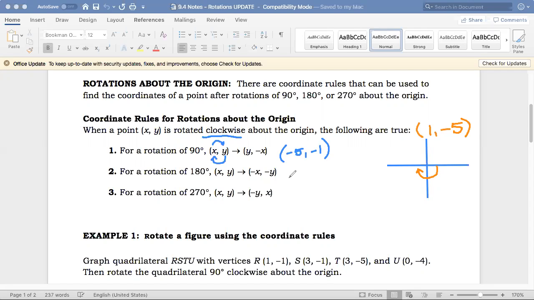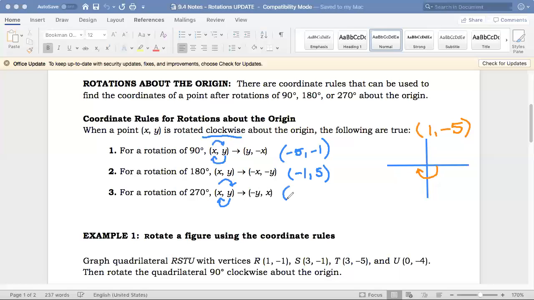For a rotation of 180 degrees, our x and y coordinates are going to stay where they are. We're just going to change the signs. So we're going to have -1, +5. And for our rotation of 270 degrees, just like with the first one, x and y are going to flip-flop. But instead of changing the sign for x, we're going to change the sign for y.